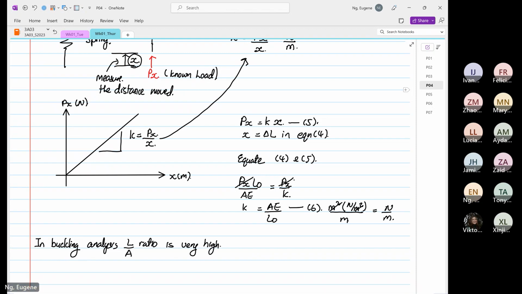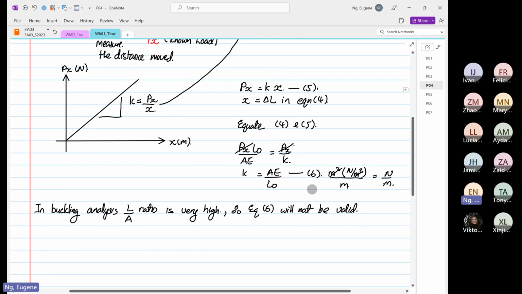Therefore, equation 6 will not be valid. So we cannot use this way of deriving stiffness to analyze buckling. So why is that? Why is it not valid?